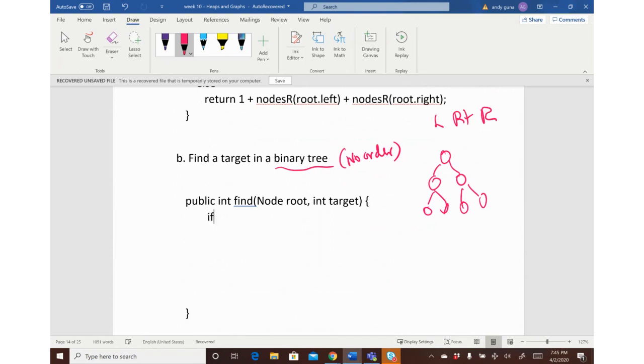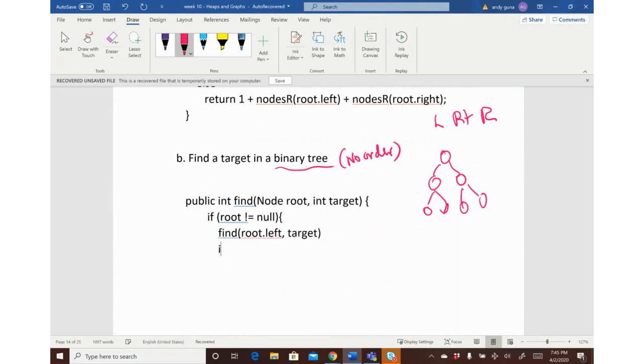So what we can do is we can just say if the root is not null, right? We have to do a few things. One is that we will go to the left, root dot left, and target. We have to carry the target with us.